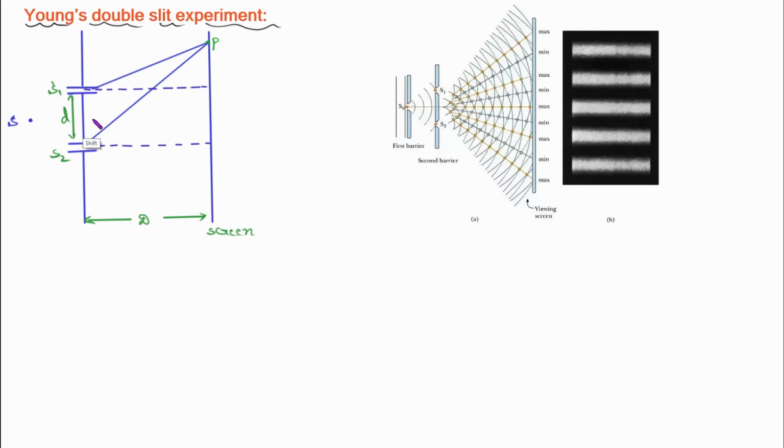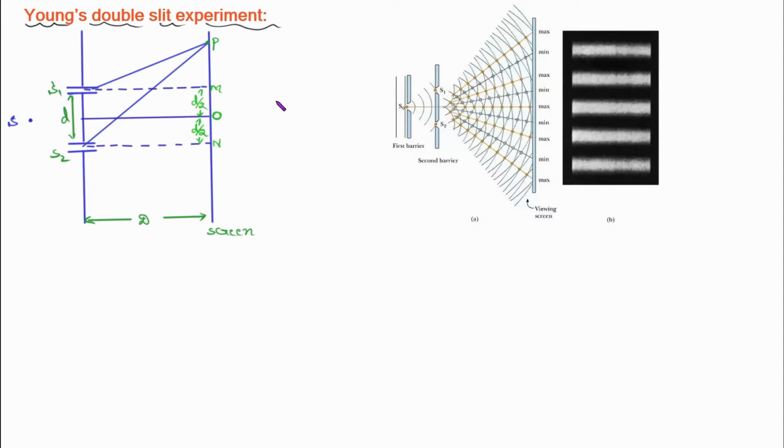The center of the screen I'll mark and name it O. The center of the screen I am going to name O, and this point is M, this point is N. If this overall distance is D, then this much will be D by 2. This distance will be D by 2 and this distance will also be D by 2.